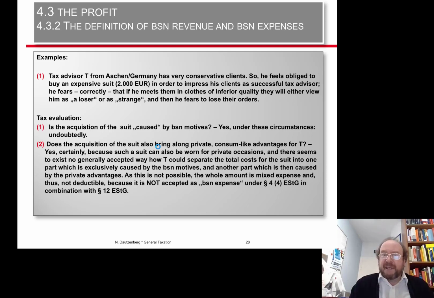He fears, entirely correct, that if he meets them in clothes of inferior quality, they will either view him as a loser or as strange, eccentric. You know, by the way, if you want to improve your English, eccentric are people who are strange or even mad, but unfortunately they are your superiors. So then they are eccentric.